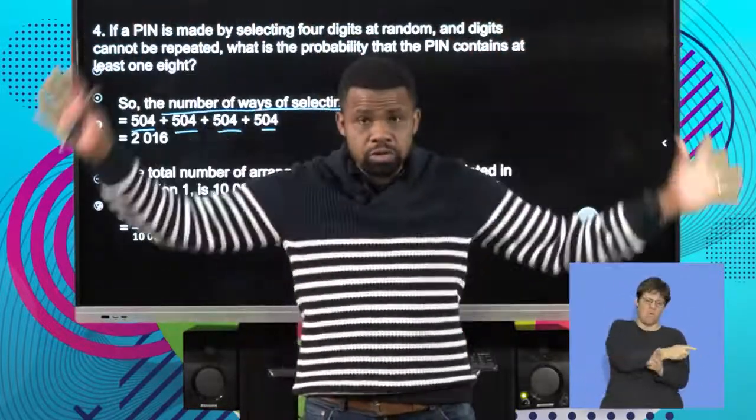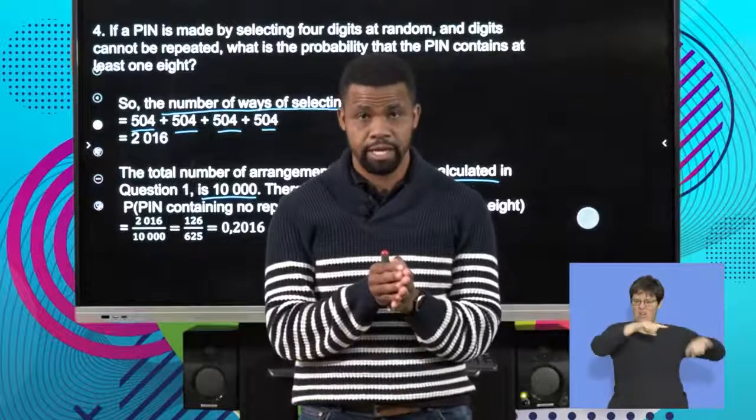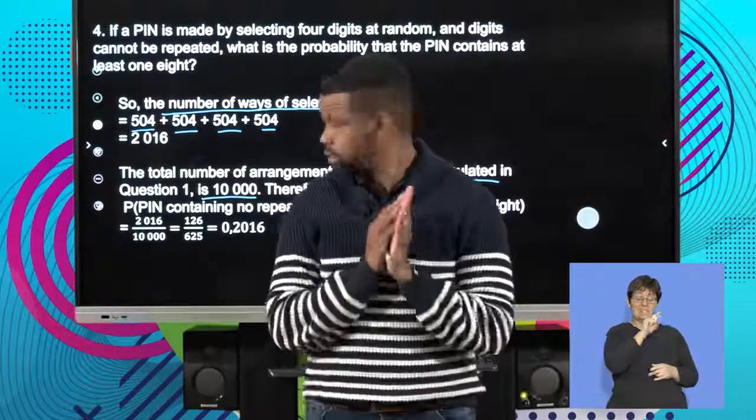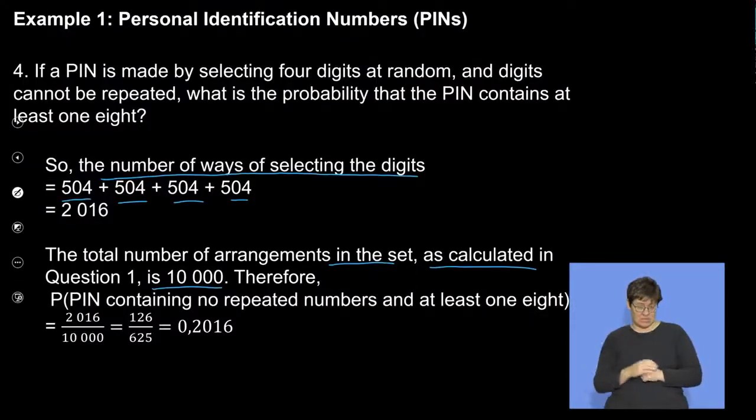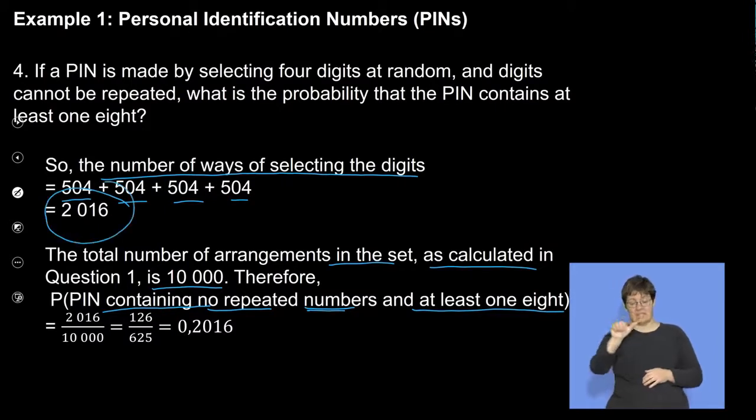That was the total sample space from question 1. Now, a pin containing no repetition and at least one 8 gives us 2016 divided by 10,000, and we get something close to 20%.